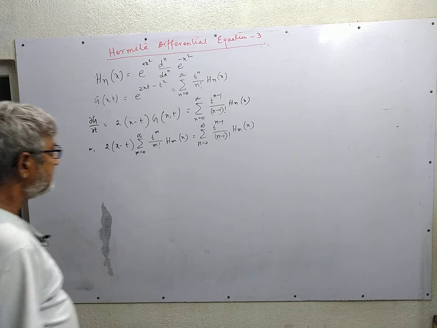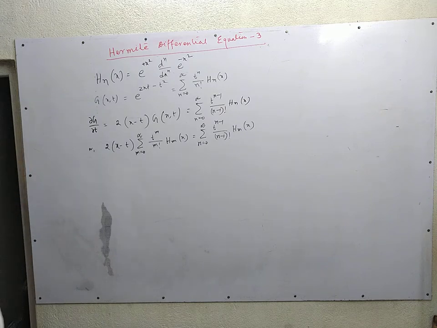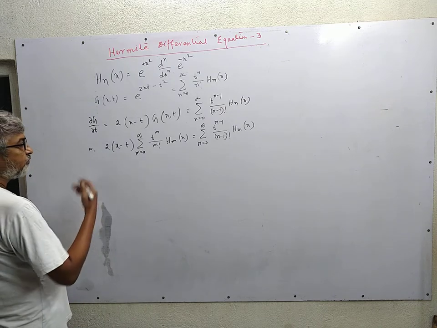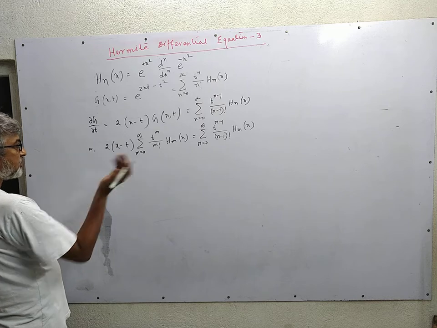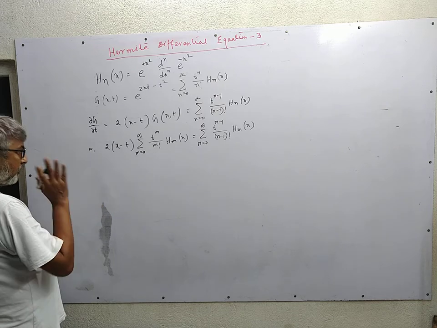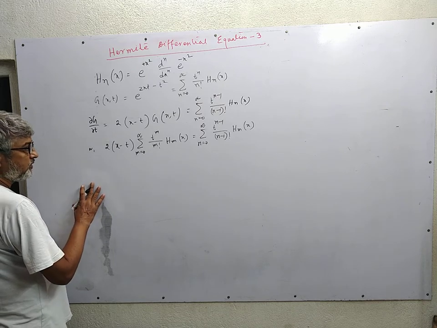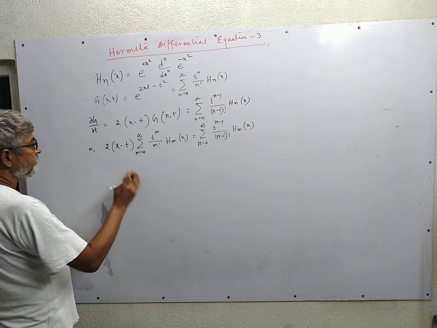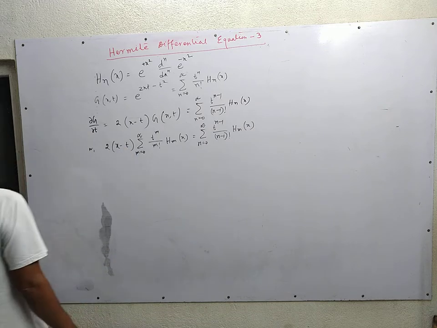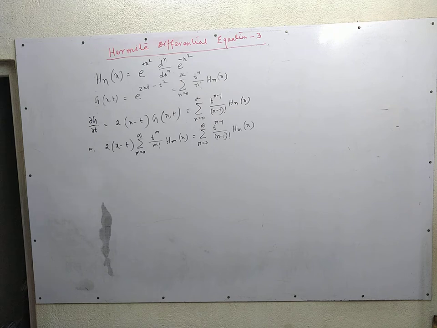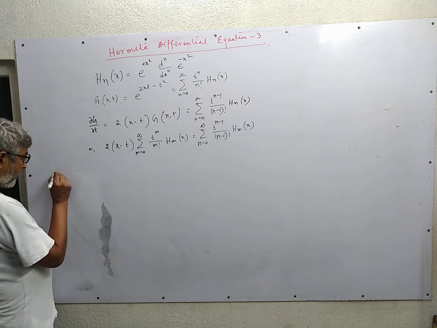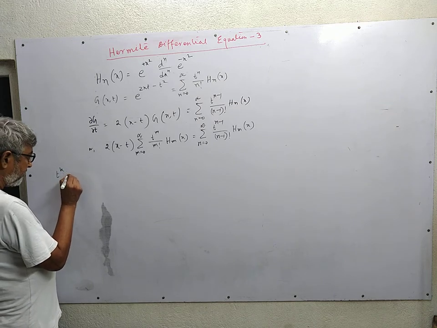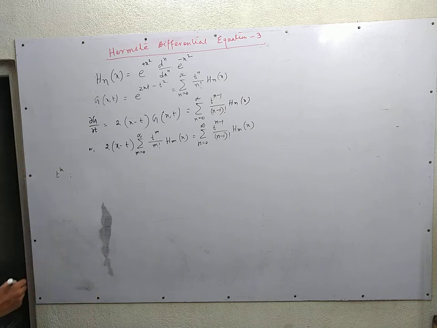This is an identity in t. So if we collect the coefficient of a particular power of t on the left hand side, that should be equal to the coefficient of that power of t on the right hand side. We equate the coefficient of t to the power k on both sides.